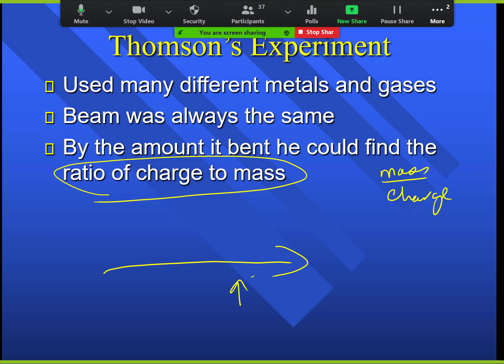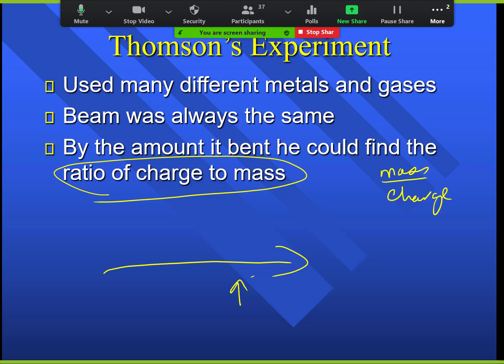And there are two factors that influence how much it turns. One is how hard you push. So a bigger charge would push more, a smaller charge would push less. And the other is the thing you're trying to turn, how heavy is it?